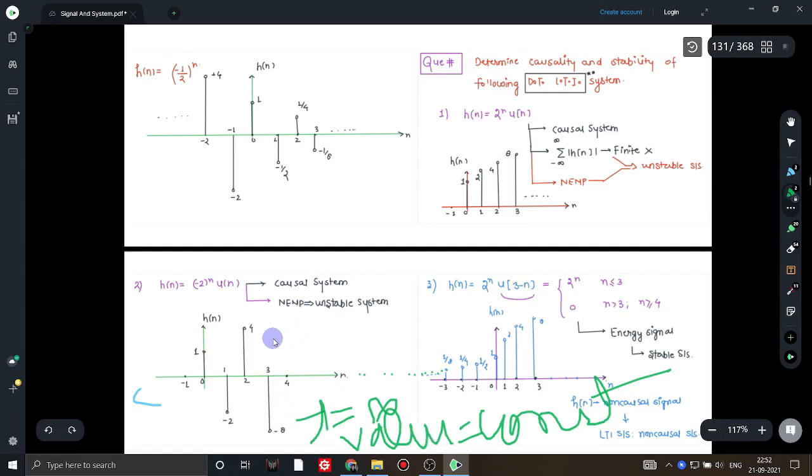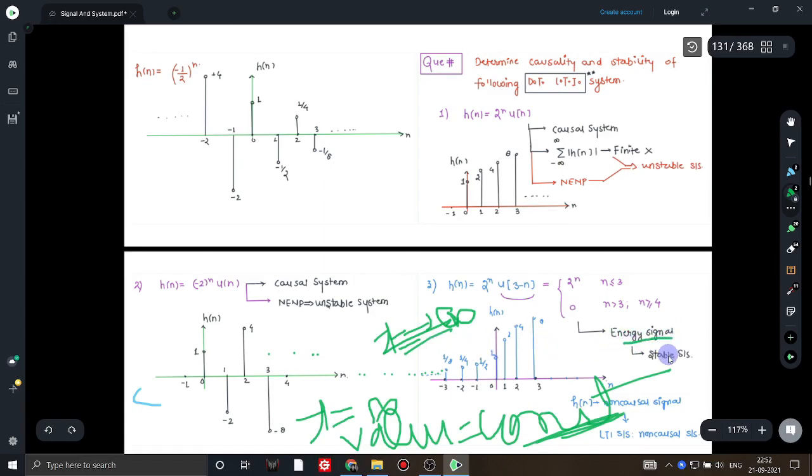It keeps on decreasing and tends to 0, so it acts like a finite duration graph.